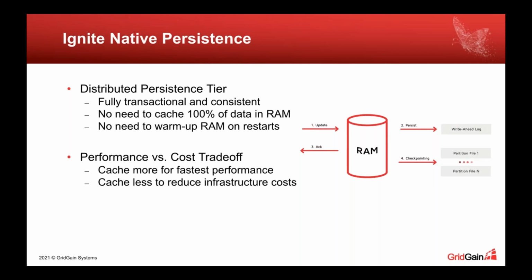So again, you don't have to store all your data in RAM at all times. If you have large data sets and you feel there's no need for all that data to be in memory, you can have only a subset of that data in RAM, and it will always be fetched into memory if you request that data from Ignite, and that will happen automatically and transparently for the application.